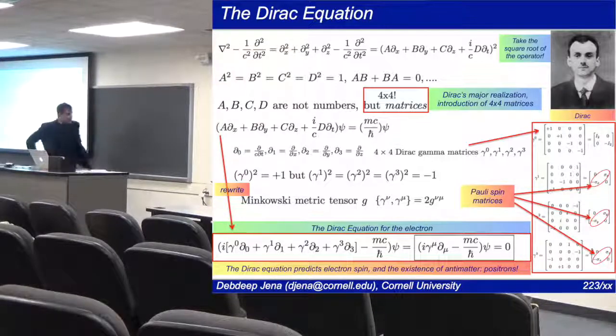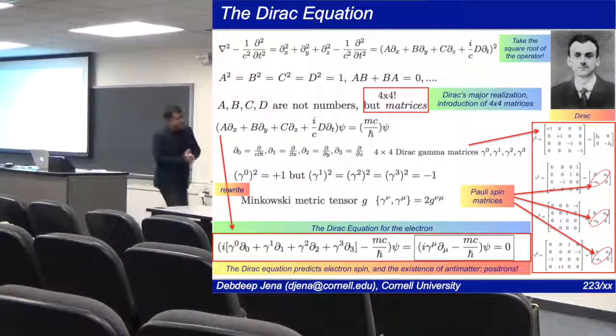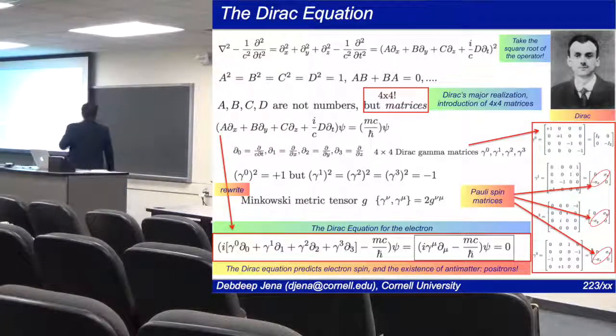Okay, so I'll start from where we left in the last class. From special relativity, we realized that the energy of a particle is not just p squared by 2m, but it looks like E squared equals (mc squared) squared plus (pc) squared.